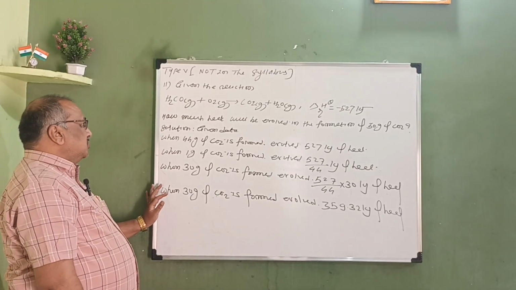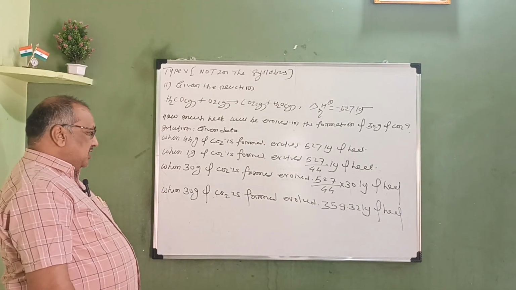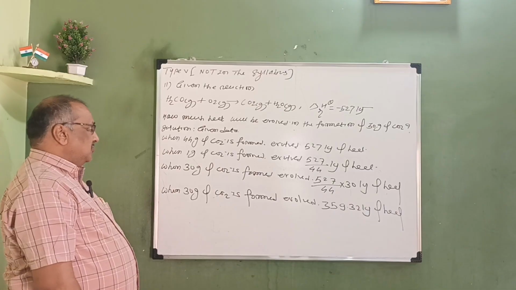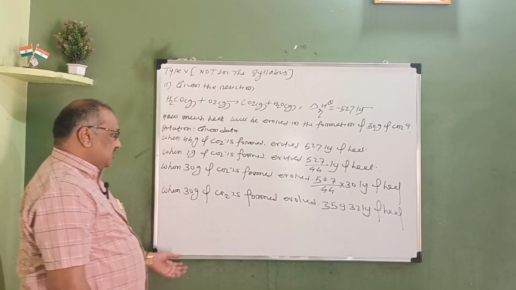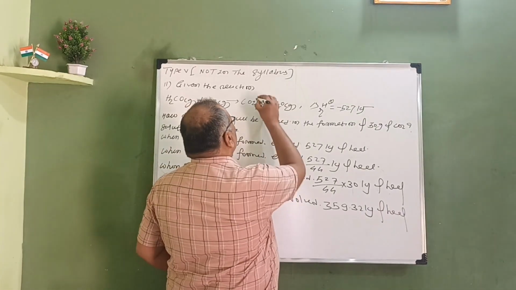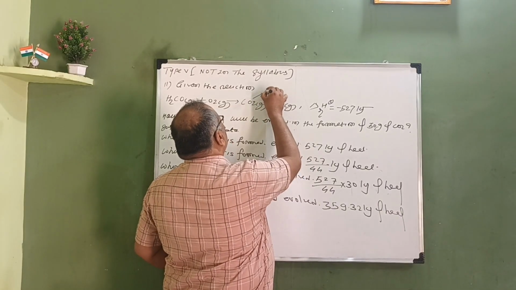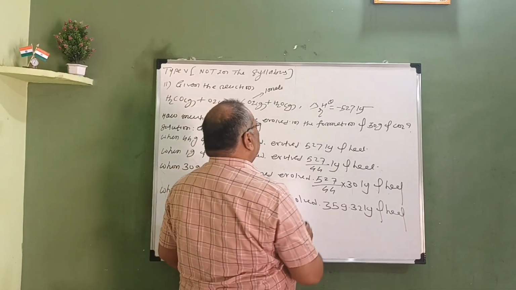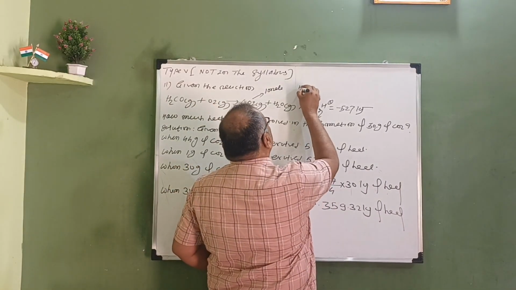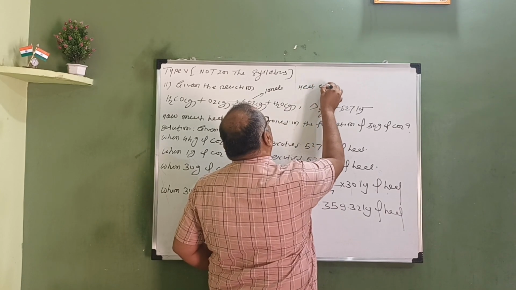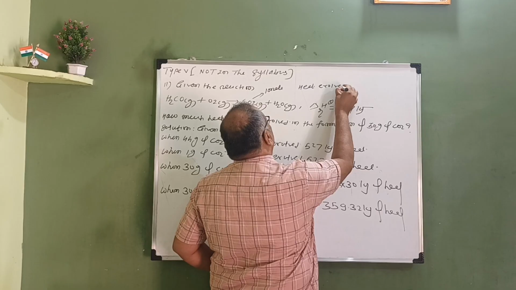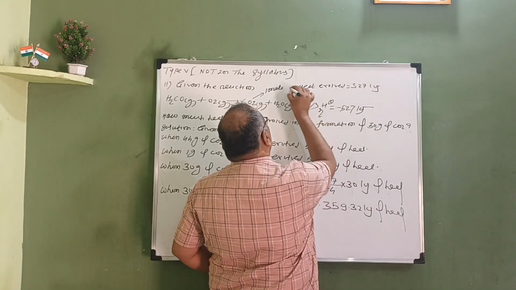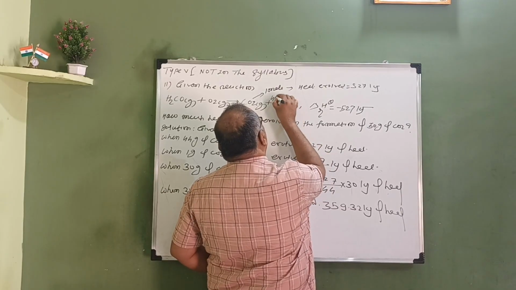Now this numerical is also solved using techniques. Now let us observe this reaction. Here this 1 mole of CO2 is formed and here heat evolved equal to 527 kilojoule. 1 mole means 44 gram.